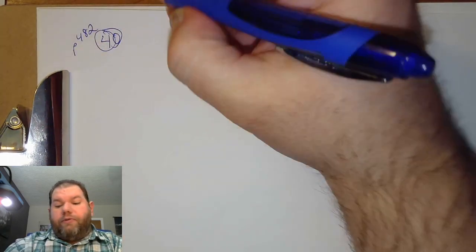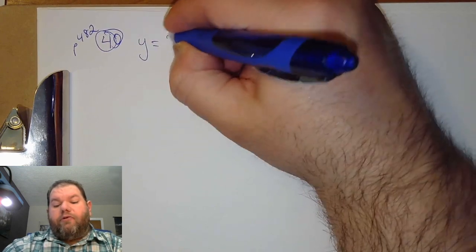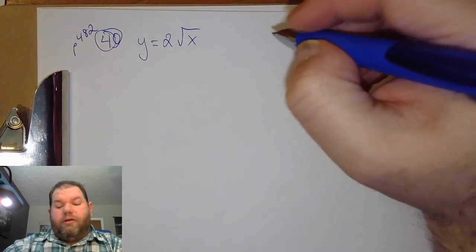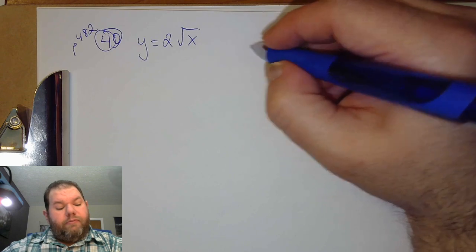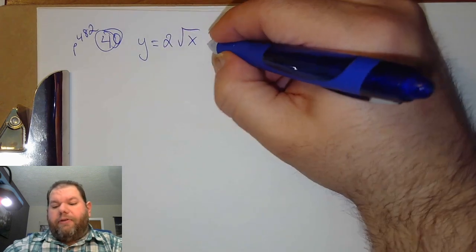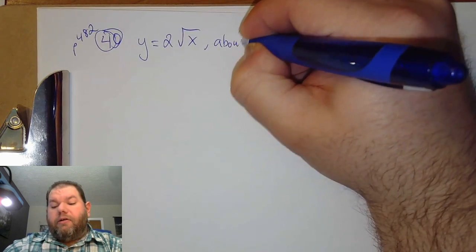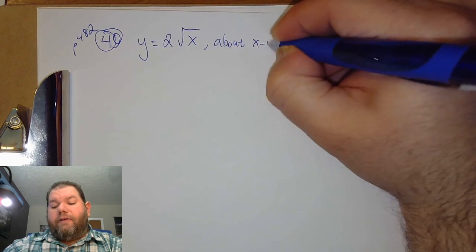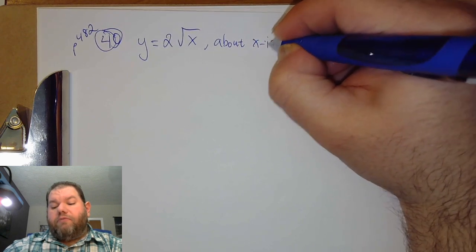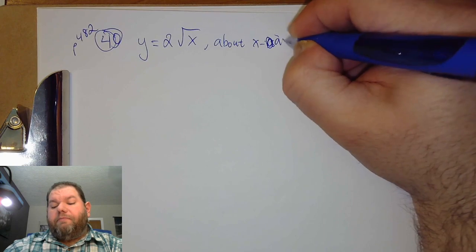Now, in number 40, we have y equals 2 square root of x. And it's going about the x-axis.